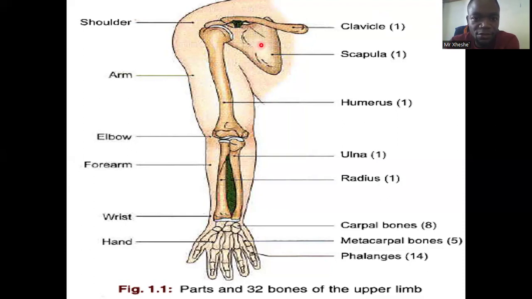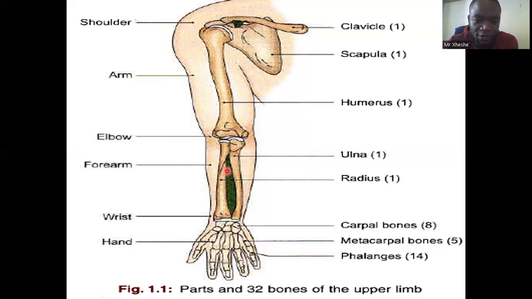Attached to the shoulder girdle is the humerus, forming the arm. So this part of the body is the arm. Attached to the arm, we're going now distal. So this is now the forearm. In the arm is just one bone, which is the humerus. In the forearm, we have two bones.